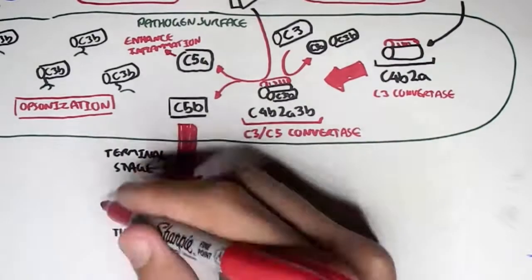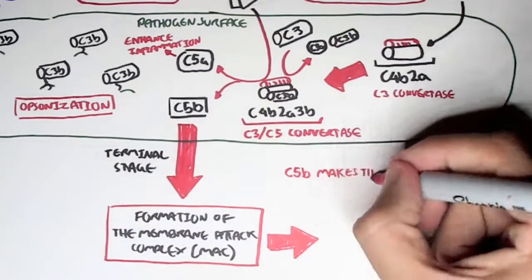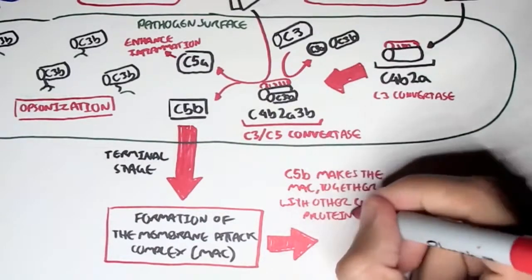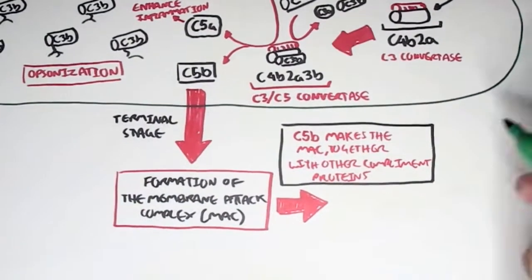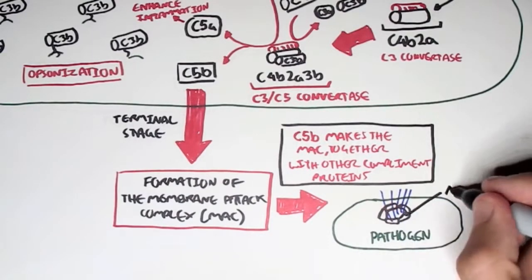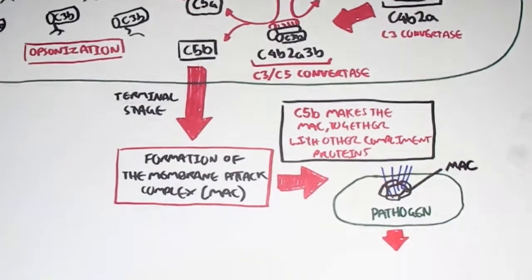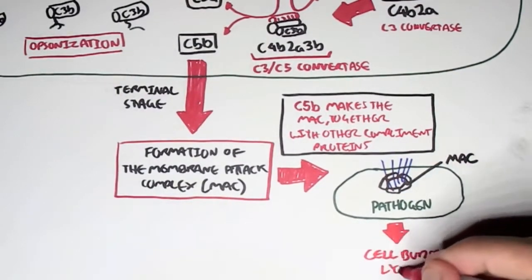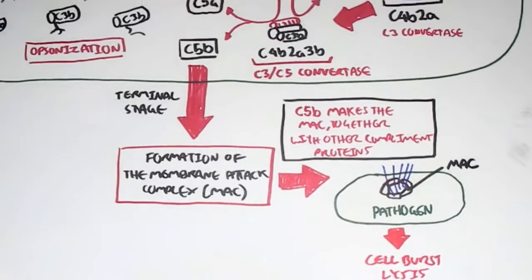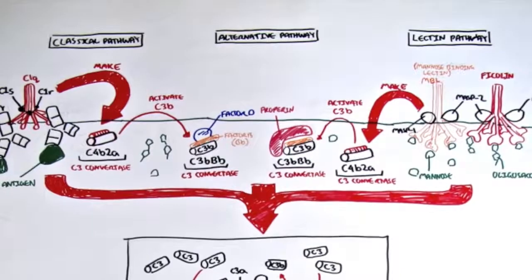And so C5b, together with other complement proteins of higher number, such as C9, C8, and C7, will form this MAC, the membrane attack complex. The formation of the membrane attack complex on a pathogen's surface membrane will cause the pathogen to lyse, to self-destruct, so cell bursting, destroying the pathogen.